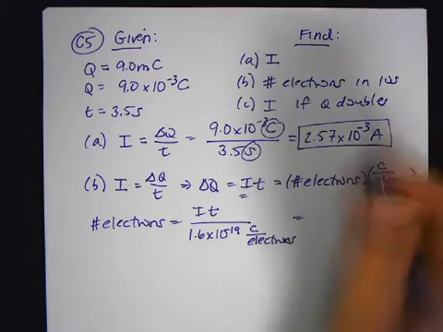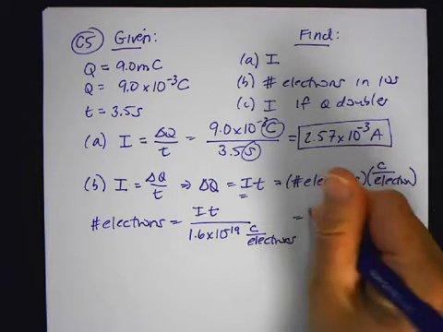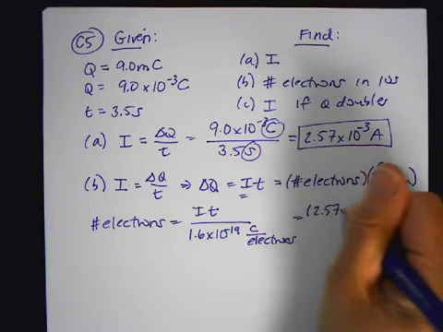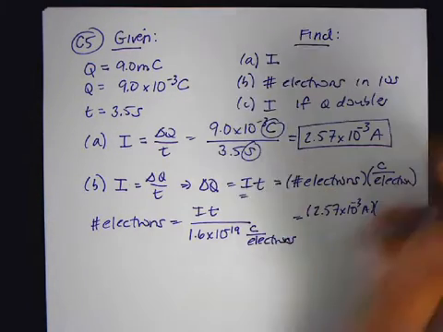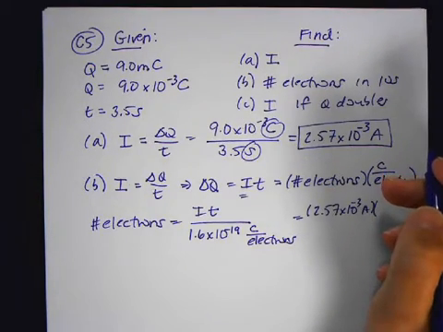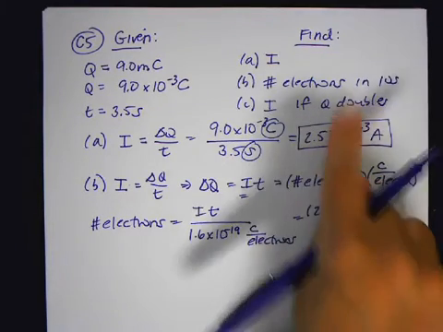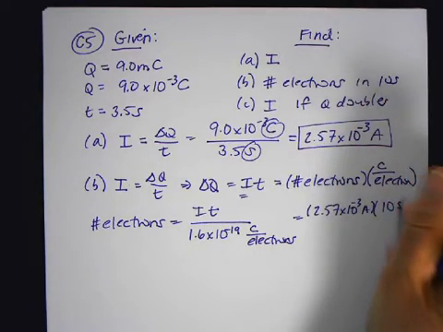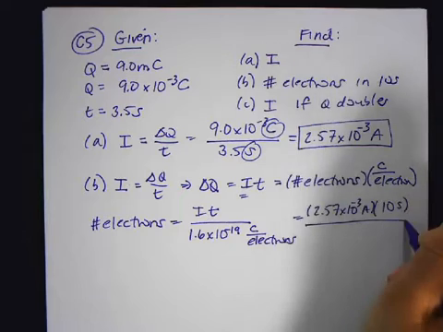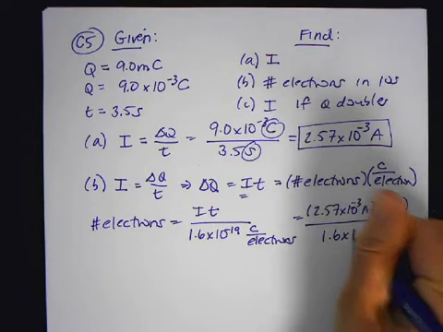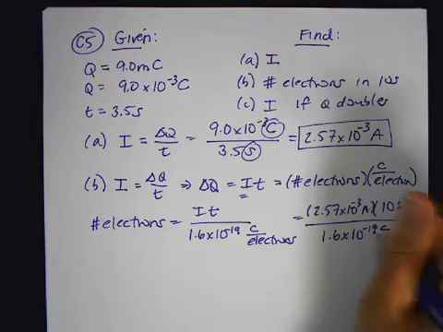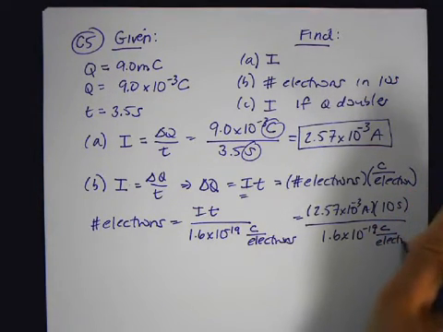So now I'm going to take my answer for I, which is 2.57 times 10 to the negative 3 amps. I'm going to take my time, which is, for part B, 10 seconds. So I'm going to say 10 seconds, divided by the charge per electron, 1.6 times 10 to the negative 19 coulomb per electron.